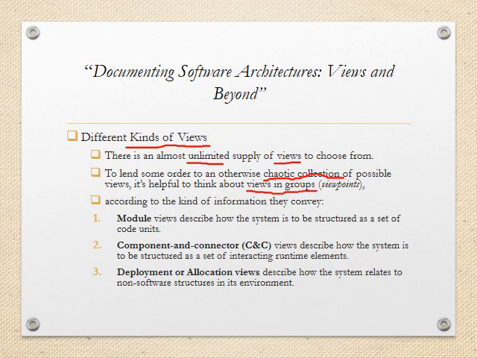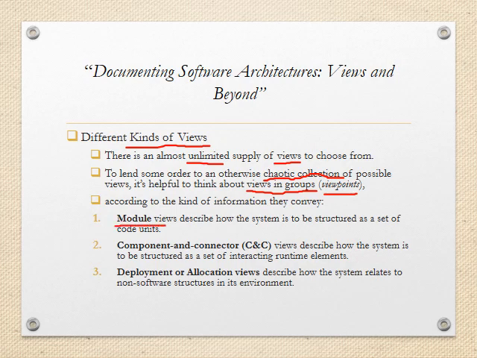There are many views that we can use to represent our software or our system. These numbers of views are chaotic, like it's not in order. So to give them order, we put them in groups, and we call these groups viewpoints, according to the kind of information they convey.